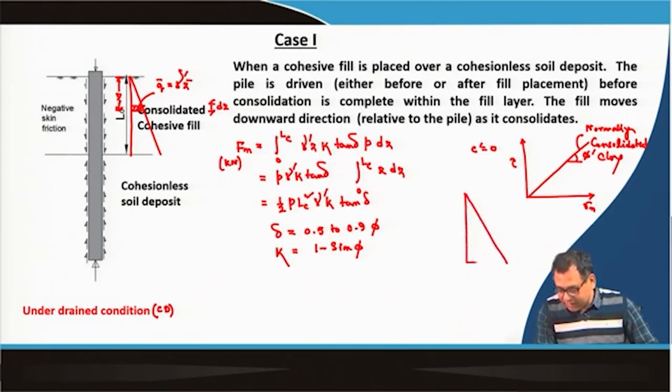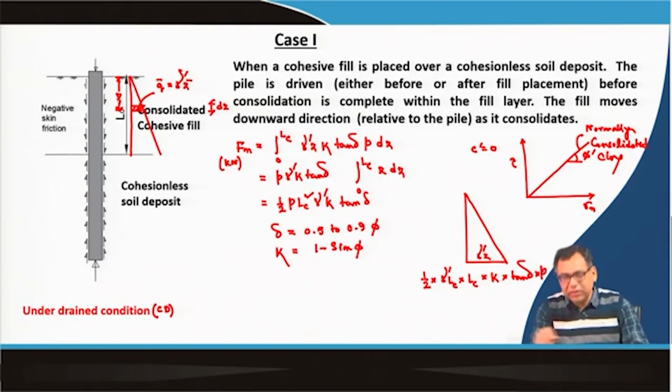For the friction resistance calculation for the pile we have done the same thing, because in that case we took the average friction resistance. So it will be half into gamma dash z, and writing L_C directly, gamma dash L_C, into L_C, then the K, then the tan delta, then the perimeter, total resistance into the perimeter.